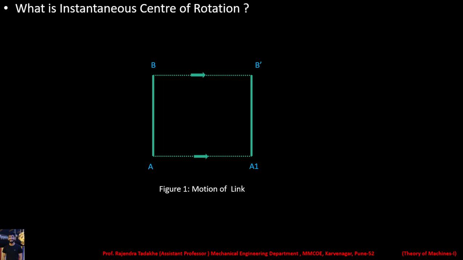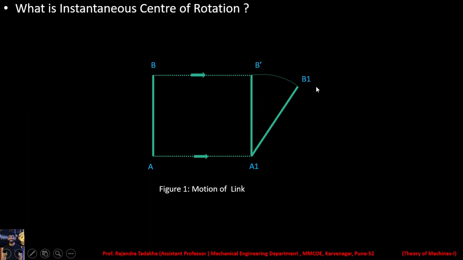Now from initial position AB to the final position A1 B dash, during this the link AB is having pure linear motion or the motion which is along a straight line. Now what we will do, we will fix point A1 and will move point B dash to B1. So we have fixed point A1 and B dash is moved to B1.